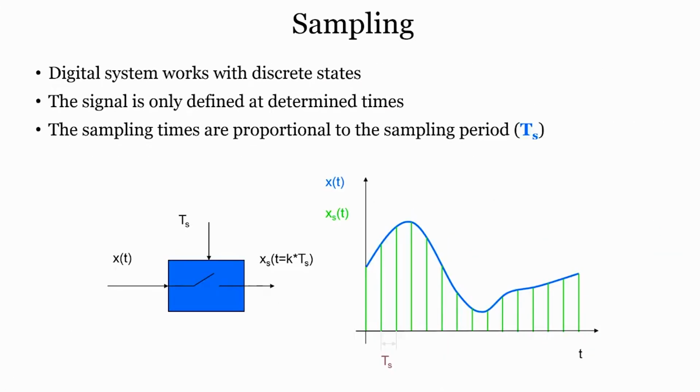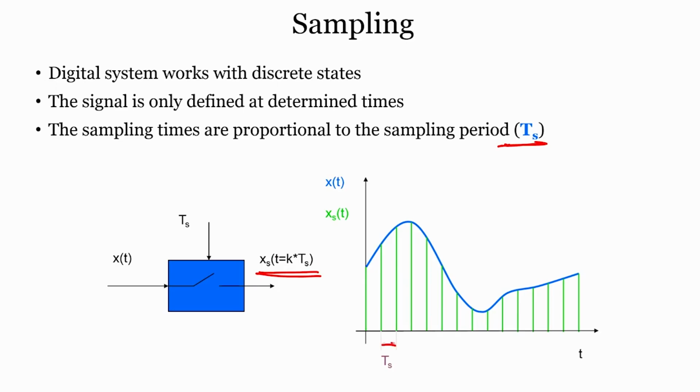Now, further if you see sampling, a digital system works with discrete states, so the signal is only defined at determined times. The sampling times are proportional to the sampling period Ts. So, if I apply x(t) with a sampling period Ts, then I have xs(t), which is x at t equals k times Ts.